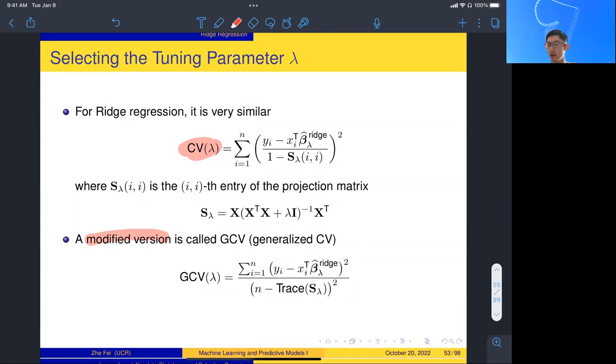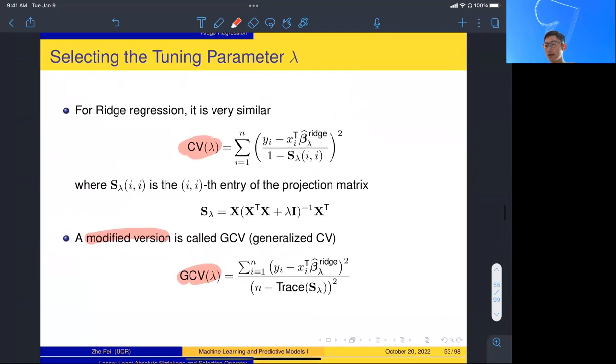So you either minimize CV of lambda or minimize GCV in order to pick the optimal lambda. All of these are also implemented in R packages, so you do not need to calculate this by yourself. And we will see some implementations later as well.